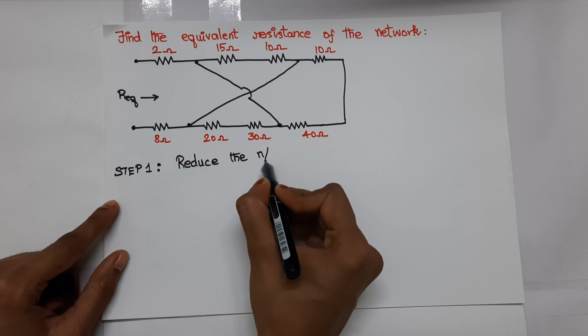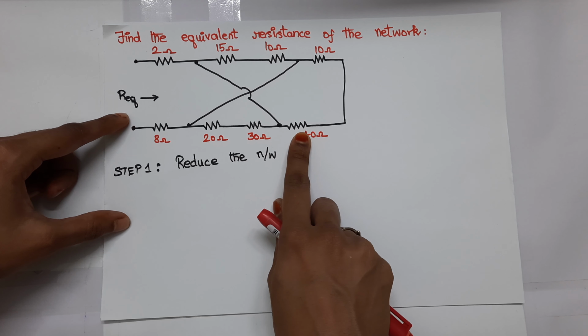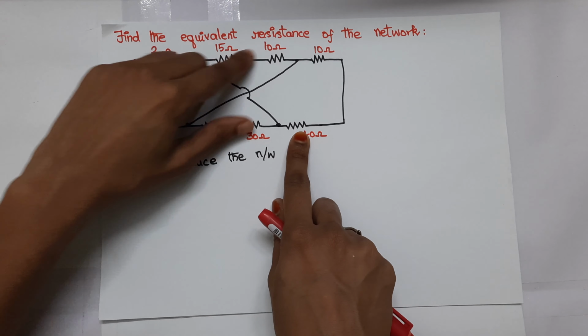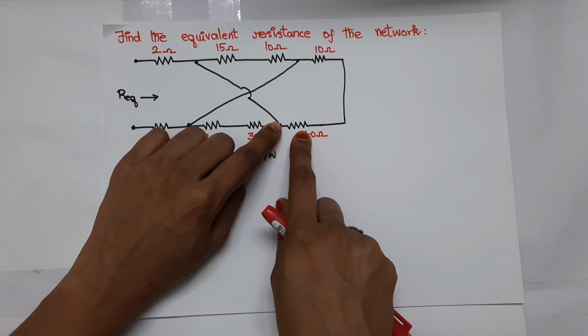Whenever we see a circuit, we must first try to reduce it in order to find the objective. Here our objective is to find the equivalent resistance. So we need to first reduce this network without affecting the nature of the circuit. Even when we reduce, we should not change the nature of this circuit.